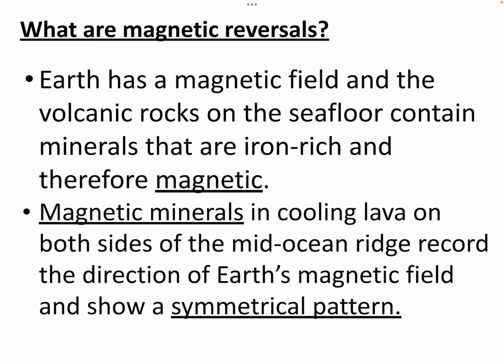So the magnetic minerals in the cooling lava on both sides of the ocean floor record which direction the North and South Pole is. By looking at the little pieces of iron inside the rock, we can see which way the North Pole was during the time of that formation. And again, it forms a symmetrical pattern. So it's just one more piece of evidence showing the symmetry around that mid-ocean ridge to prove that it's separating.